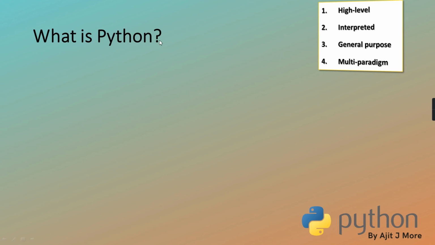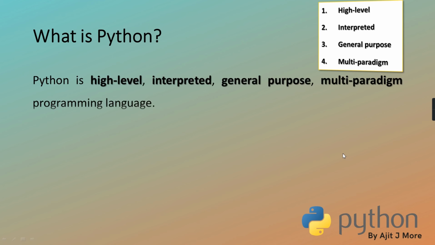Python supports structured, procedure oriented and object oriented scripting, all types of paradigms. If these four terms are clear, now we can give a proper definition: Python is a high level interpreted general purpose multi-paradigm programming language.